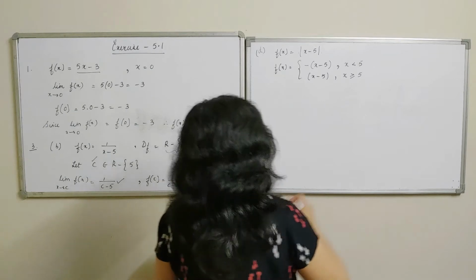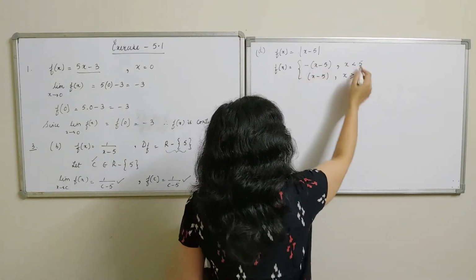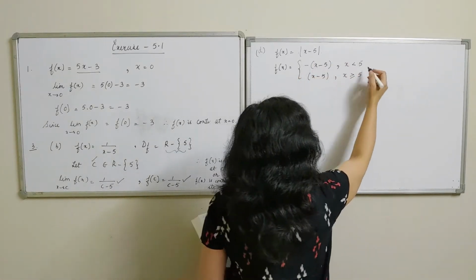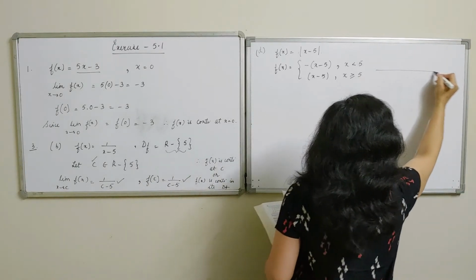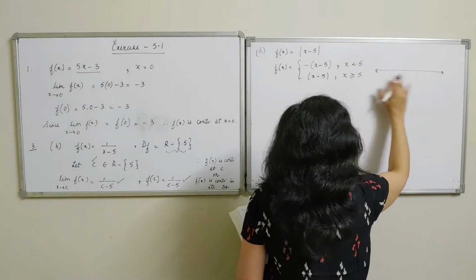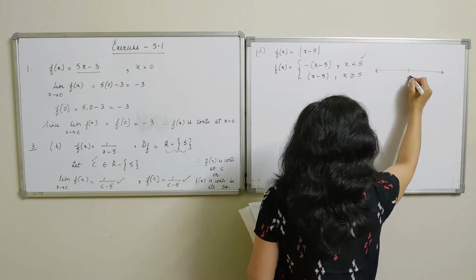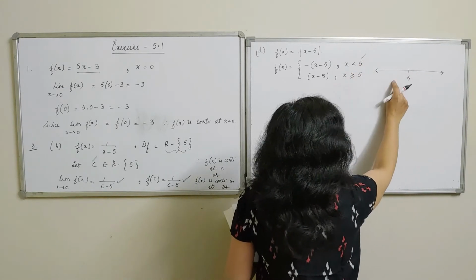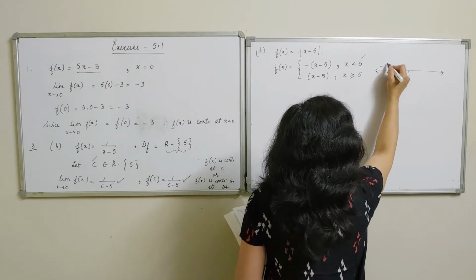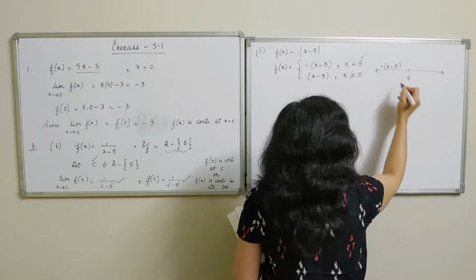So here you can see we have written the basic definition of the modulus function. On the number line, which is the domain of the function, the domain has been divided into two parts. Whenever x is less than 5, our function is minus x minus 5.